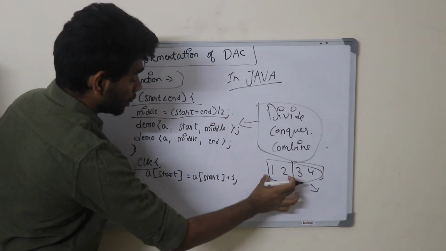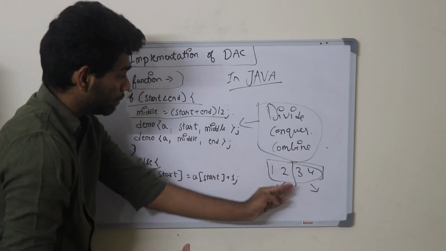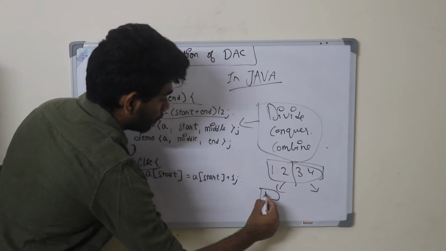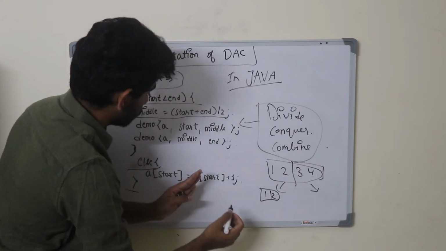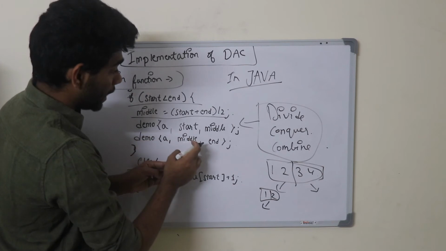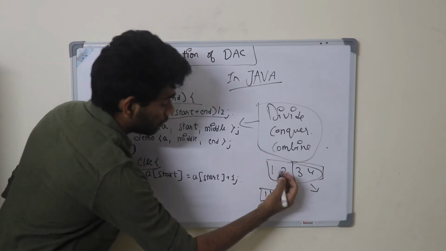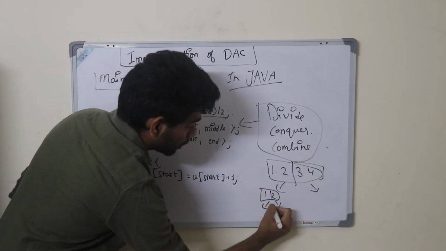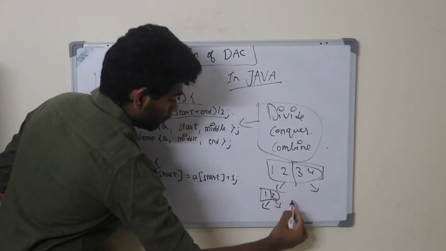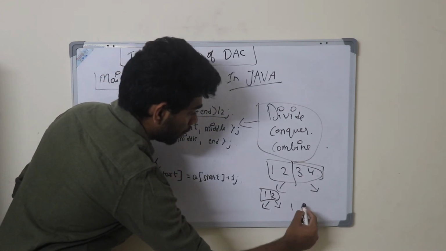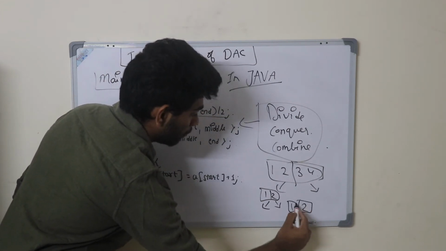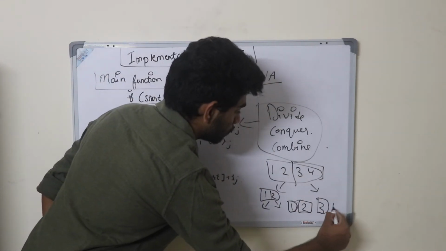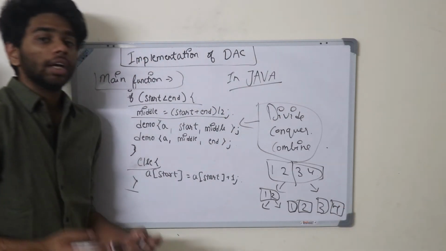Here we just see the starting element and the middle element. In the next one, we call it on A, middle, and end, so we see the middle one and the ending one. By this process, 1, 2 gets divided further, and 3, 4 gets divided further.